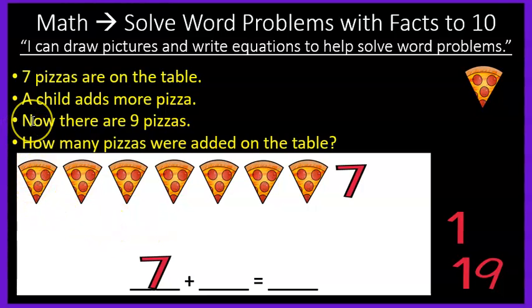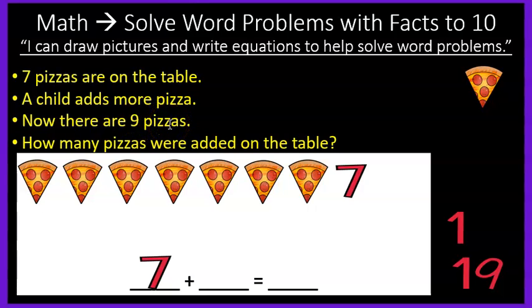Now, let's come here to this third sentence. Now, quickly, boys and girls, you should recognize that there's a number here again. You're going to spot that here, okay? You should know that. Now, let's read it really quick. Now, there are 9 pizzas.